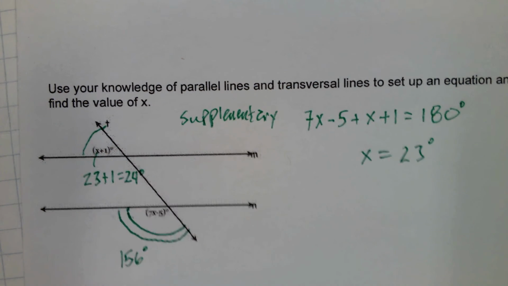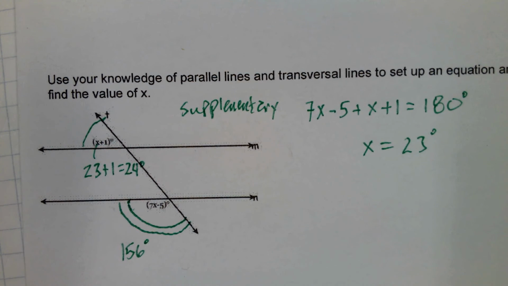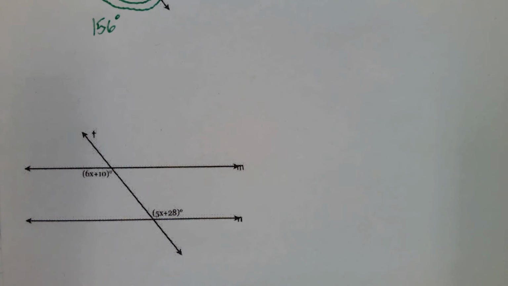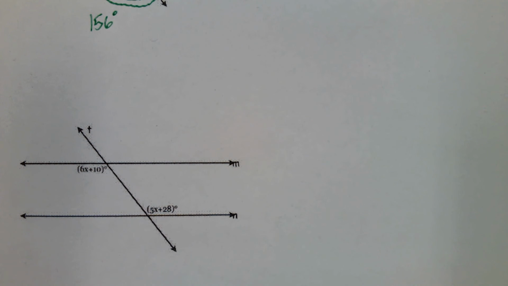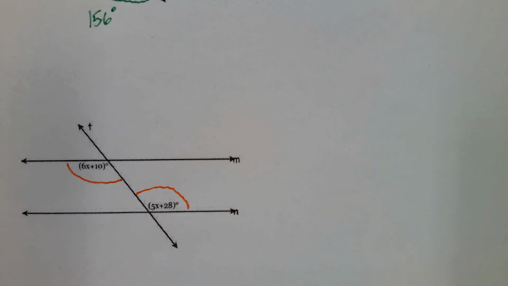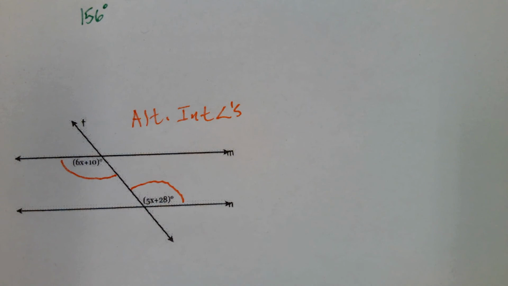Okay. All right. So if need be, we could find those angle measurements now. All right. Let's look at this one. We have this angle and this angle. Are they congruent or supplementary? These are congruent because they're alternate interior. Okay.